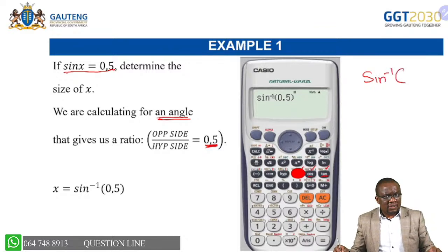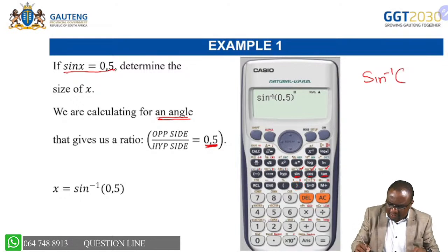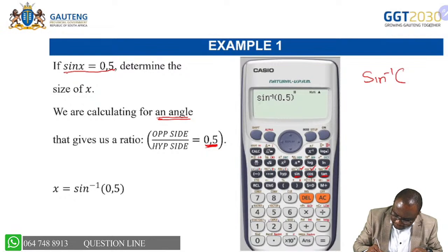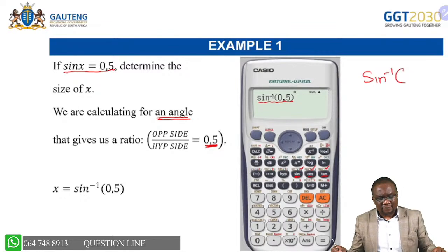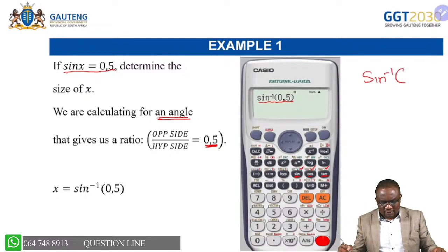Then we can enter our ratio now, 0,5. Entering 0,5 is not a problem. Enter 0,5, and then you may close your bracket. So you must have something like this now. Check your screen. Now press the equal sign. What do you get? See?